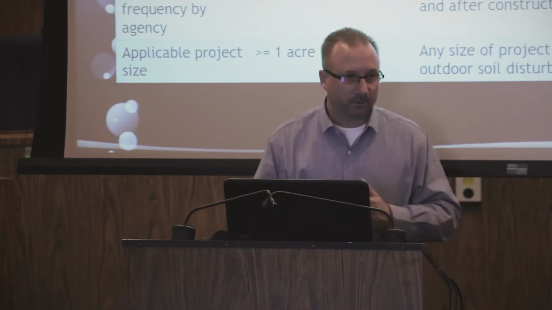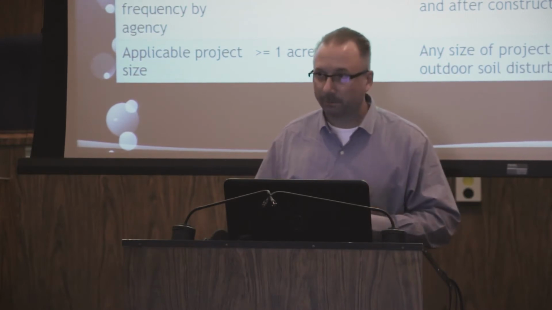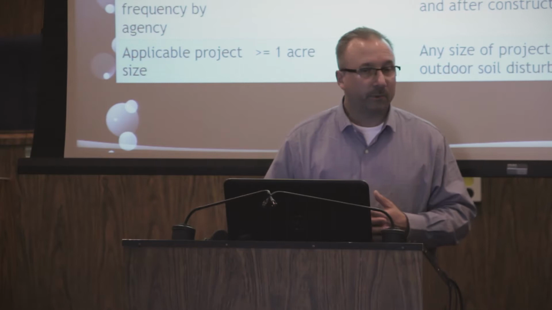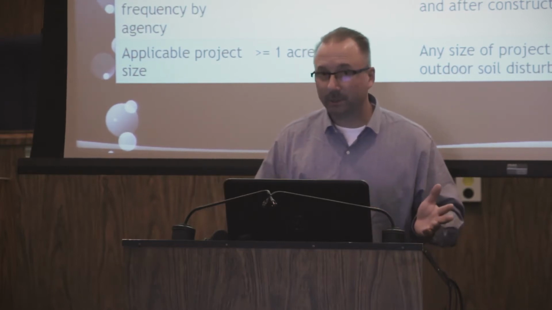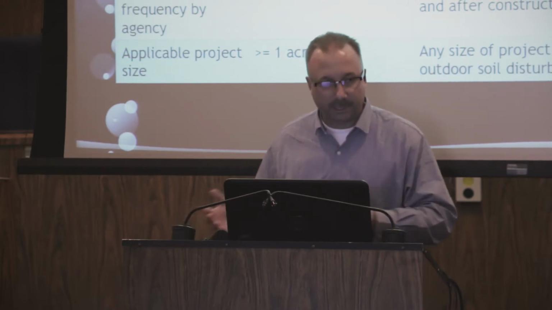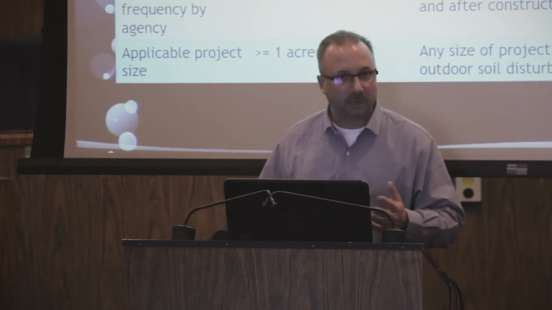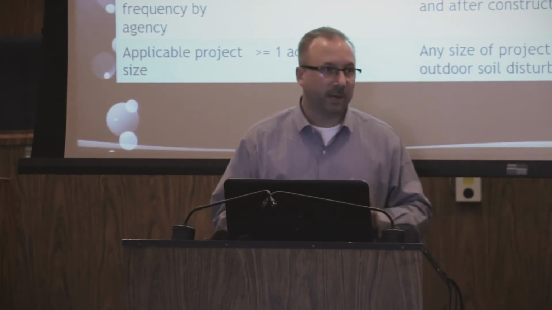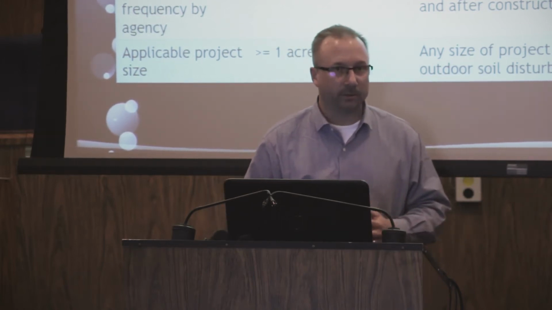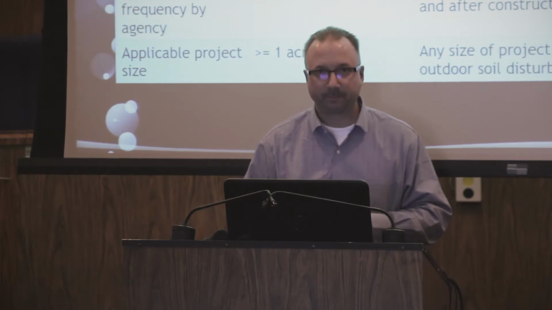So after construction's all been completed, the city inspector will come out one more time to make sure that final site stabilization has been achieved, that the threat of erosion has been mitigated through the development or the landscaping or whatever's been put into place. Pretty similar to the type of expectations you would have under the construction general permit.